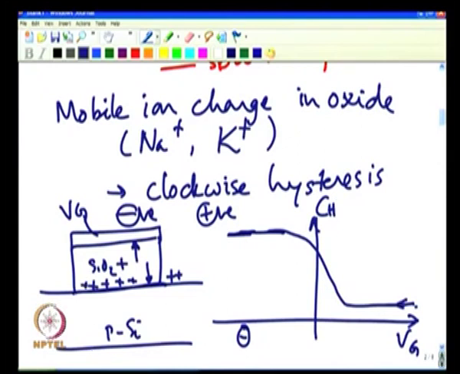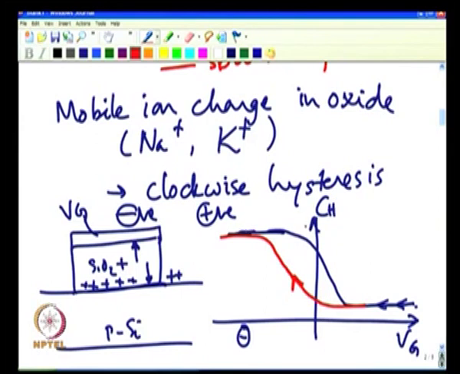So when I am doing my reverse CV, by this time all these charges would have come here. Now we have all this positive charge. Whenever there is a positive charge, the CV will go towards the left, remember that. We have discussed all this in the last class. So when I am doing the reverse CV, it will go like this. Again I go here for some time, all these charges will go back to this electrode.